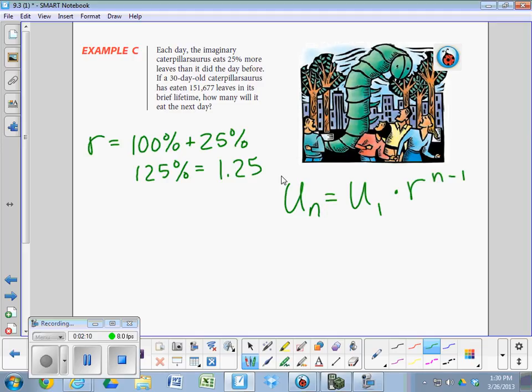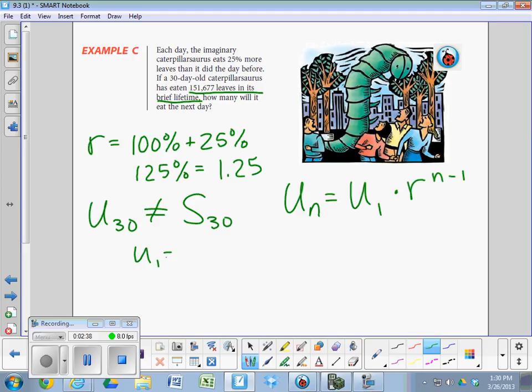What we do know is what? That he's eaten when? In his lifetime. So please understand that there is a difference between U30 and S30. What's U30? Yes, the leaves eaten on the 30th day. What's S30? Right.